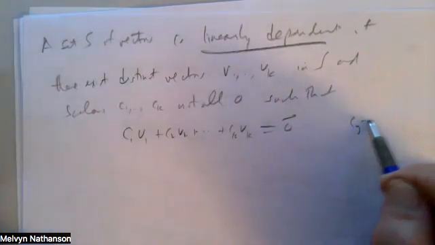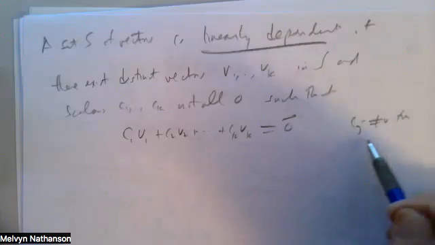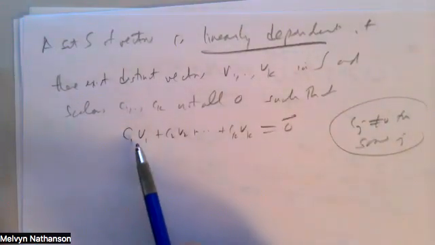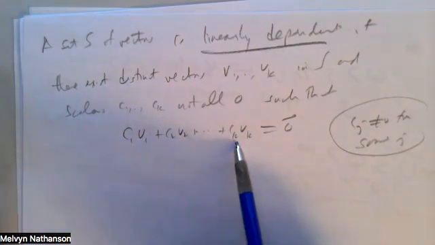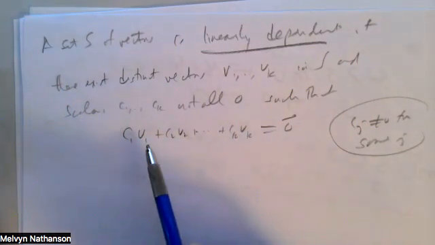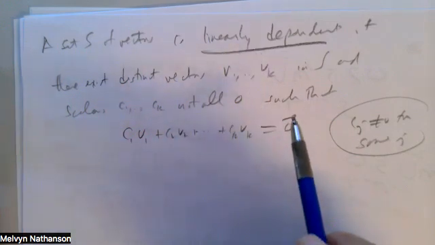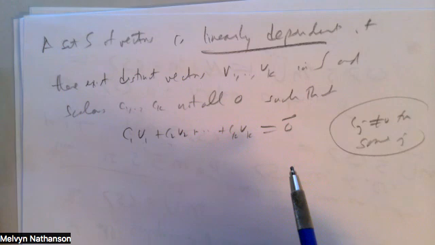So this means cj is not zero for some j, at least one j. So you have a linear combination of vectors which gives you the zero vector, and not all of these scalars are zero. That's what it means for the set of vectors to be linearly dependent.